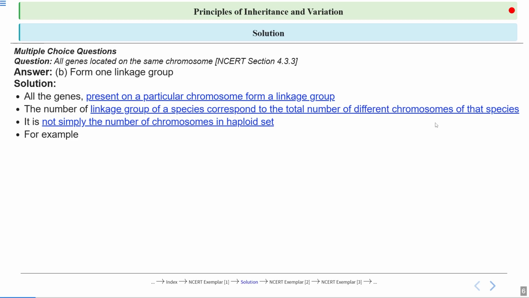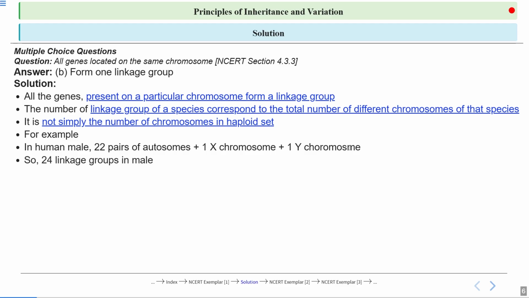For example, in human males you have 22 pairs of autosomes, and males have one X chromosome and one Y chromosome. So actually there are 24 different chromosomes: 22 autosomes, one X chromosome, one Y chromosome. In males, you will have 24 linkage groups.